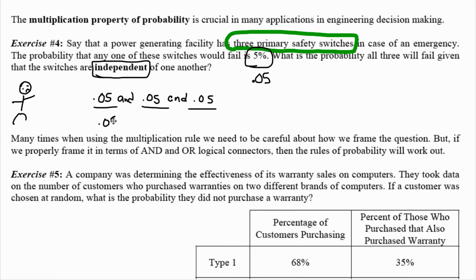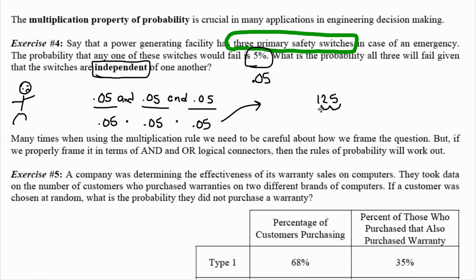Well, 0.05 and means multiply by 0.05 and means multiply by 0.05. If I multiply those all together, well, 5 times 5 is 25. That's 125. And I'm going to move the decimal 1, 2, 3, 4, 5, 6 places.